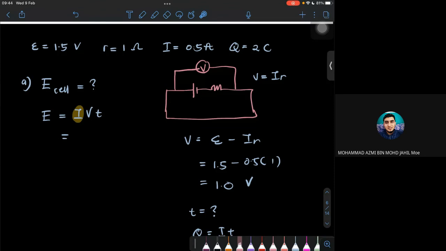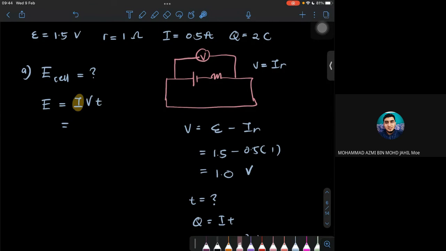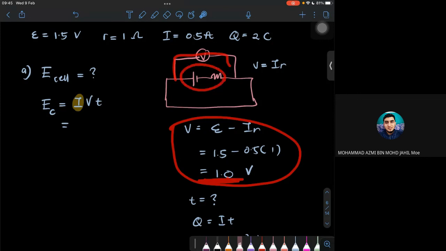Pakai Ohm's law, check. Okay, so V di sini, sorry ya, because we want to find V in the cell, right? In the battery. So V here is actually just the voltage drop across the internal resistance. That's why kita tidak boleh gunakan this one sebab dia akan kira voltage across these two.